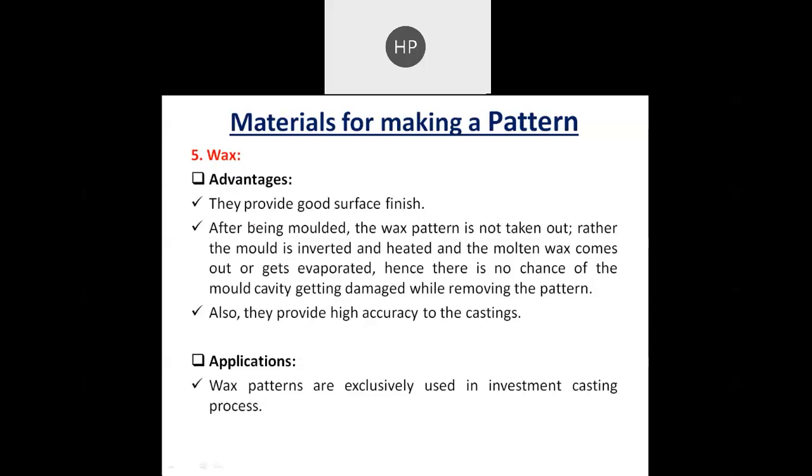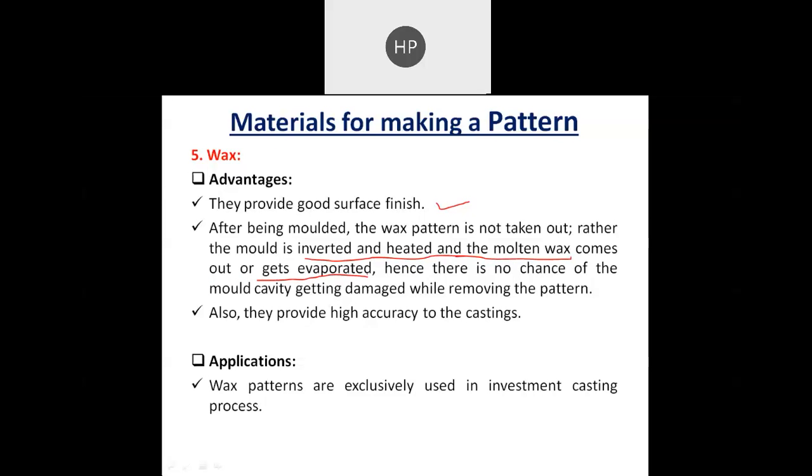Okay, so wax has a certain advantage: it provides a good surface finish. Wax is very smooth, so it will provide a very good surface finish. Then after being molded, the wax pattern is not taken out; rather the mold is inverted and heated, and then the molten wax comes out or gets evaporated.